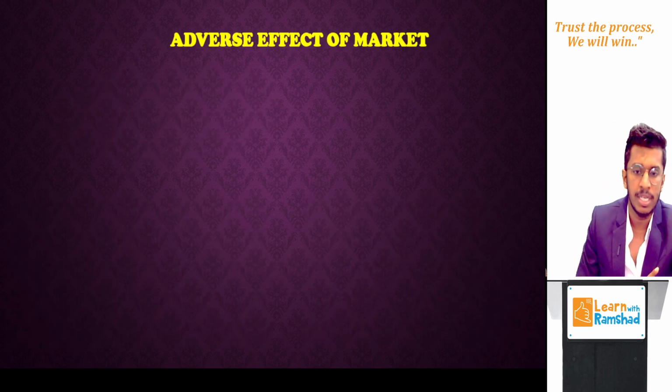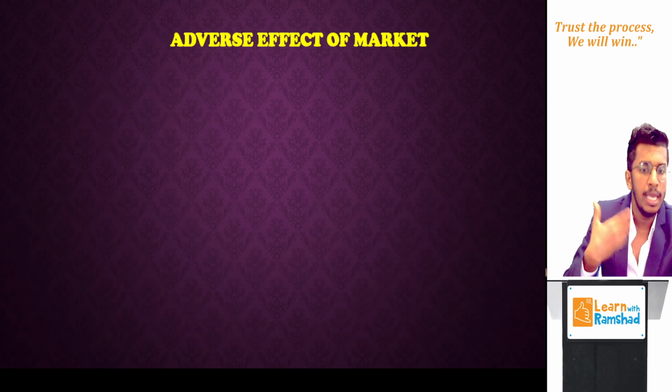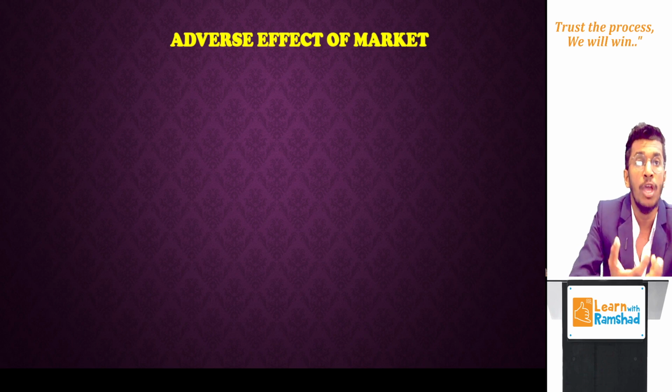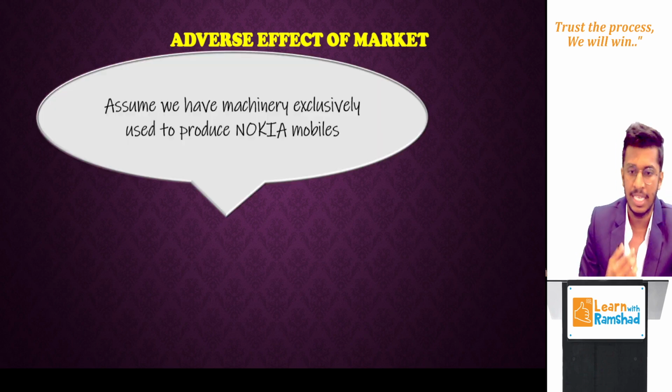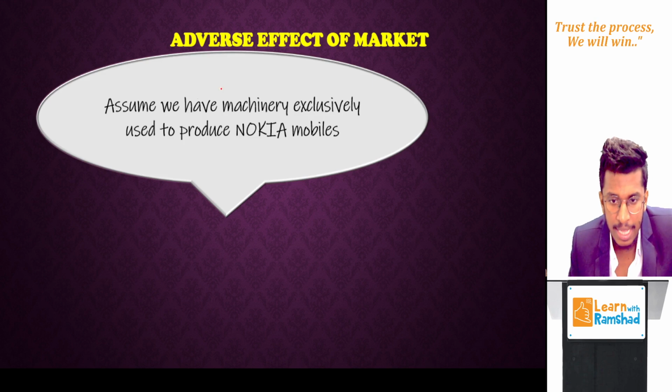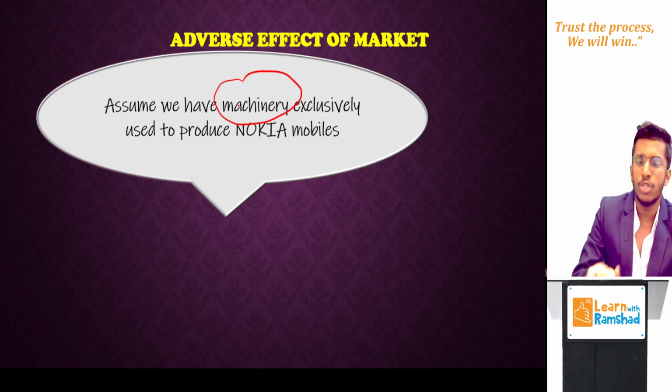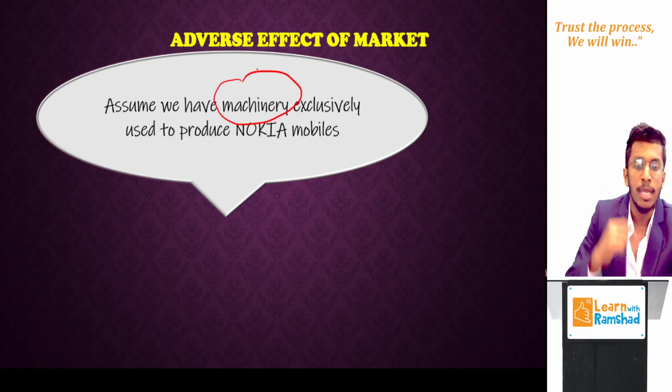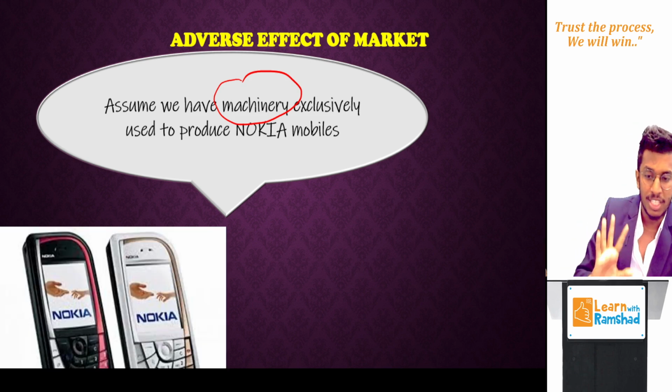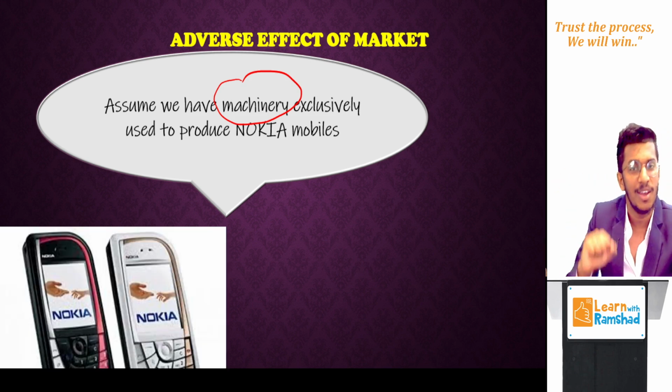Now the second reason is adverse effect of market. Here we have a negative impact of new competitors in the market. Let's say an example. We have a machinery that is our fixed asset which is used for a product called Nokia mobile. You remember these nostalgic mobile phones, right?